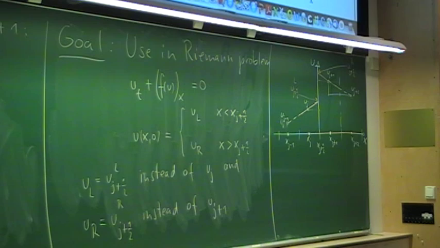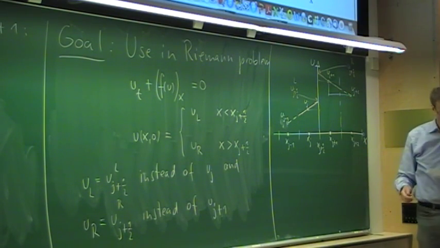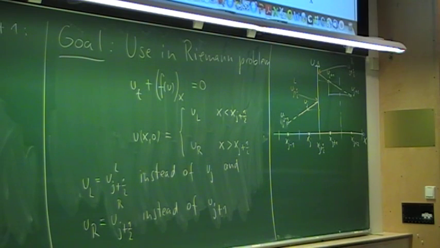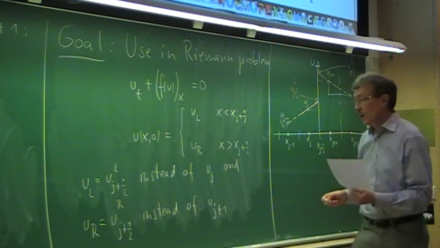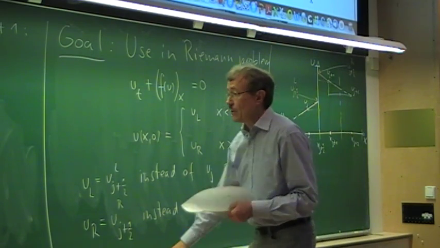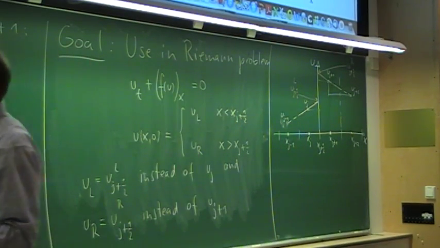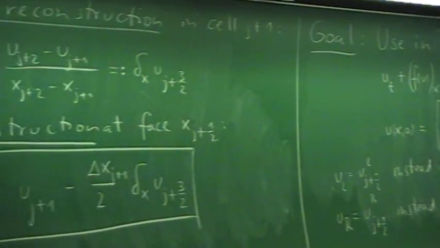That's what we want to use, because then we get inside the cells higher accuracy, and by that we get higher accuracy of the values at the faces. But there is a problem. If we do this, we get oscillations. So we have to modify this approach.